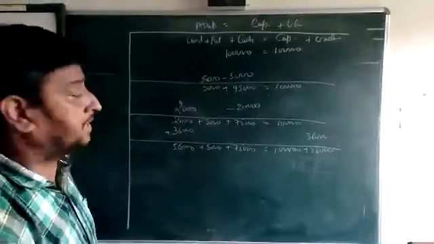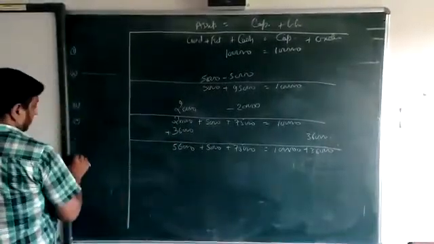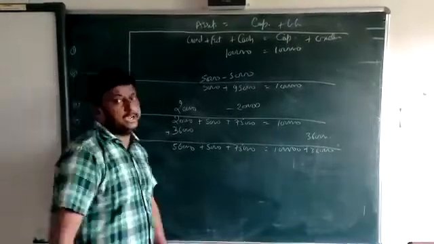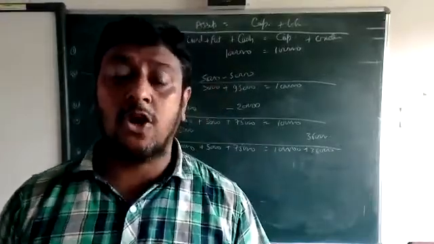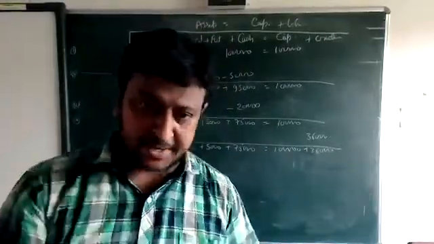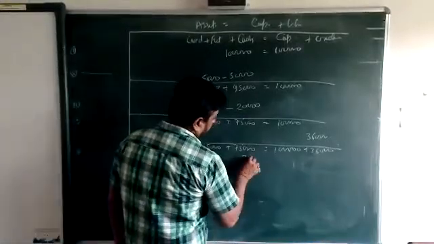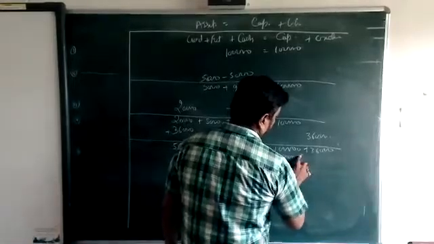Paid rent 700. Again, the fifth one. Any type of expense will be less from cash and capital. Okay, keep it in mind. 700 less from here and 700 less from here.